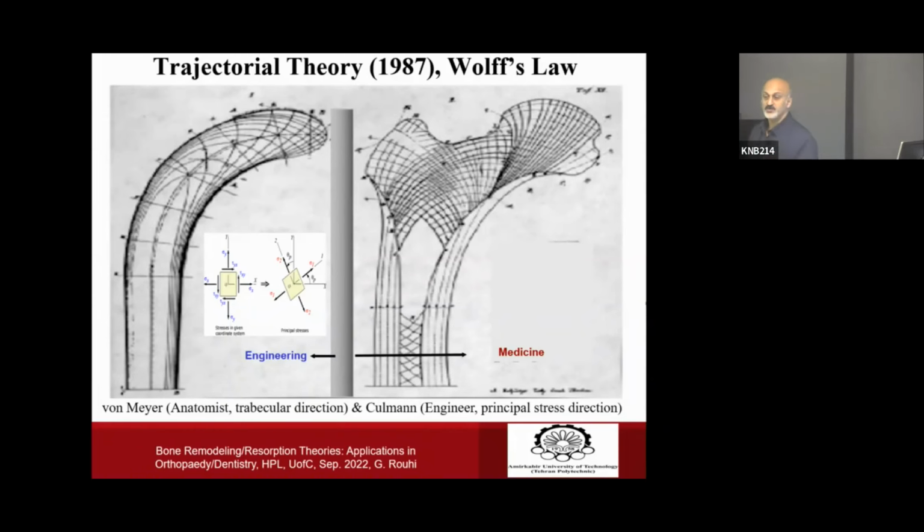Simply speaking, we can say bone remodeling is bone resorption followed by bone formation. So if resorption is more than formation for a long period of time, then we would see a disease, the so-called silent disease, osteoporosis. Osteoporosis is because of an abnormal remodeling process.